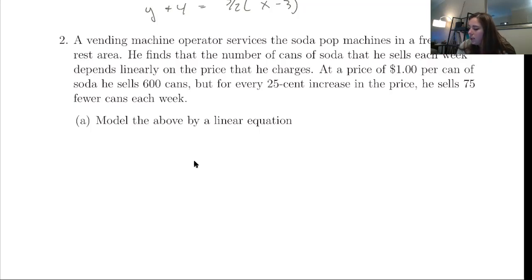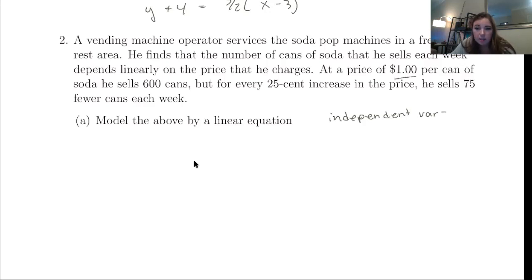So what is going to be my independent variable in this case? And what's my dependent? I only have 2 things going on: number of cans and price. Independent is price. Yeah, I would say price.